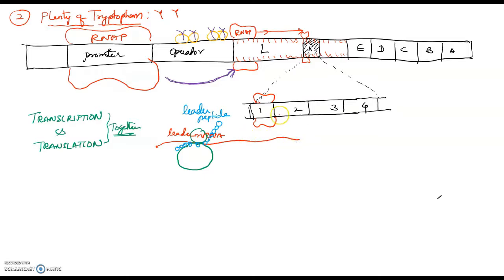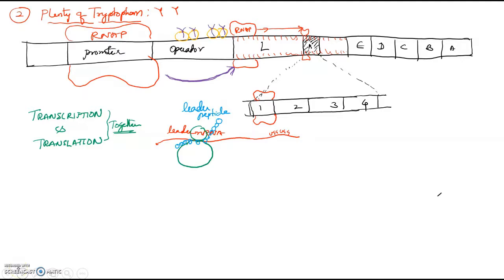And when it comes to the region between 1 and 2, there are two sequences here, UGG and UGG.